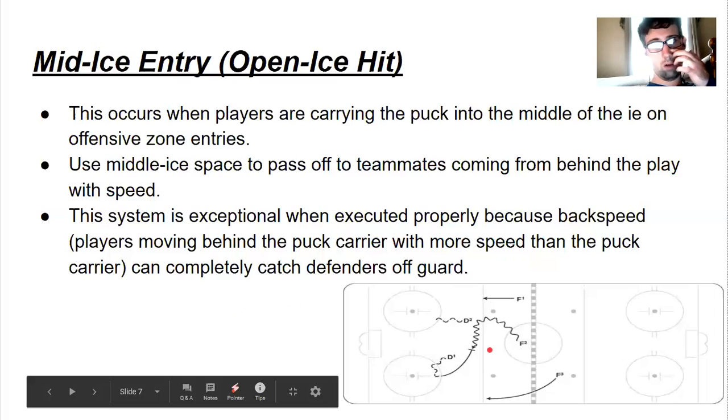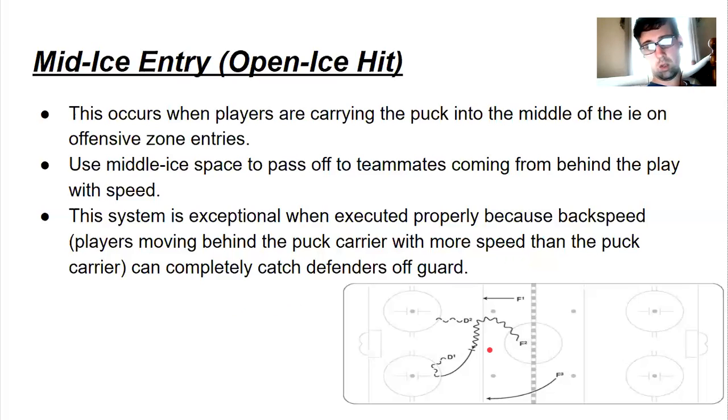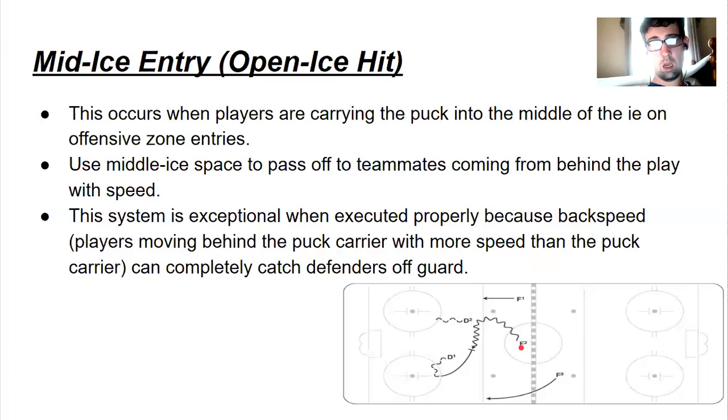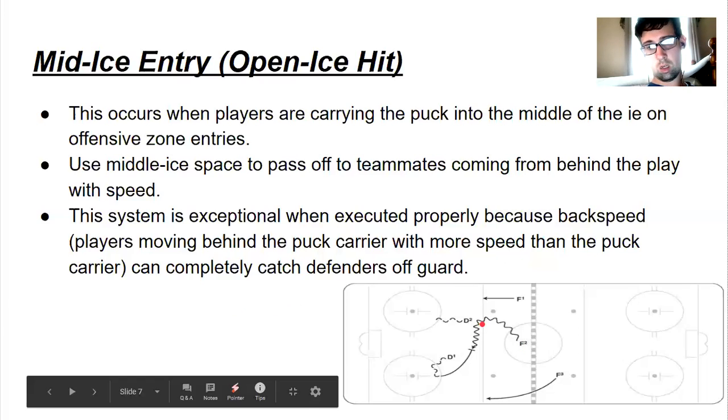So I'll reread all this again and use the board down here. It says this occurs when players are carrying the puck into the middle of the ice on offensive zone entries. Puck carrier. These are the players: defense 1, defense 2, forward 2, forward 1, and forward 3.